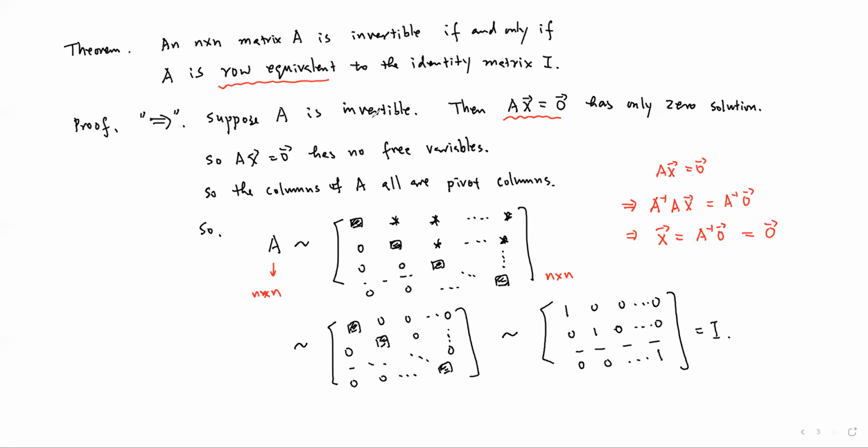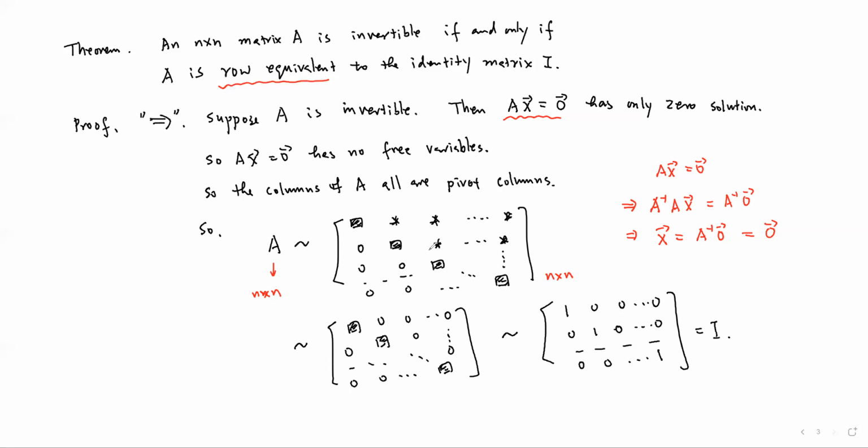So if A has an inverse, then this linear system has just one solution, the zero solution. In other words, the linear system has no free variable, which means that all the columns of matrix A are basic columns. A basic column contains a pivot number. So the echelon form of A must be in this form.